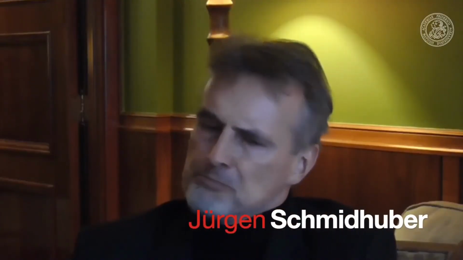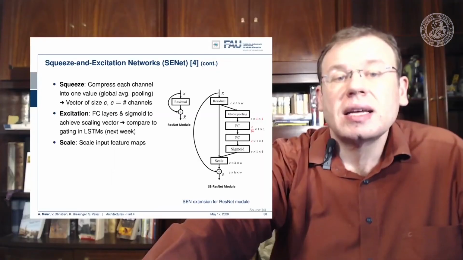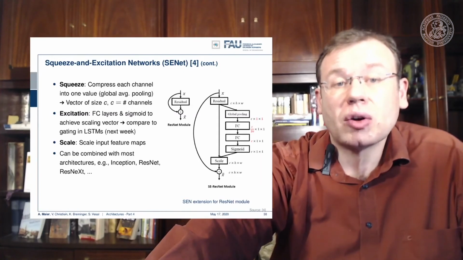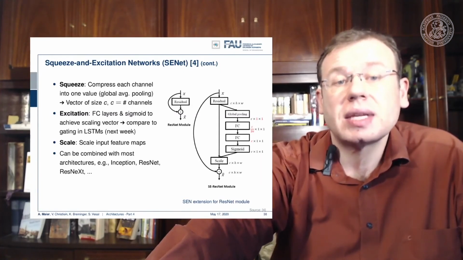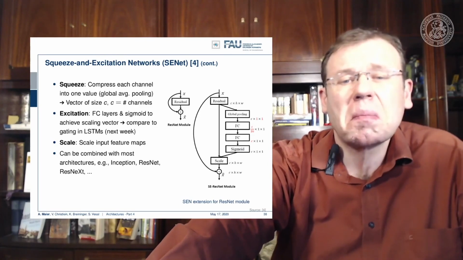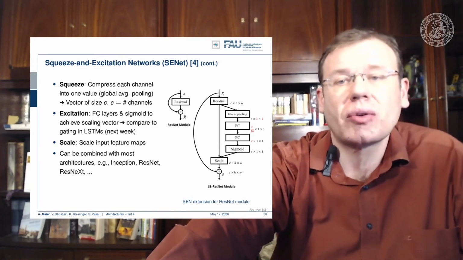Recurrent neural networks, you can write them down in 5 lines of pseudocode. Then we scale. So we scale the input maps with the output, and then we can combine this, of course, with most other architectures, with Inception, with ResNet, with ResNeXt. So plenty of different options that we could go for.